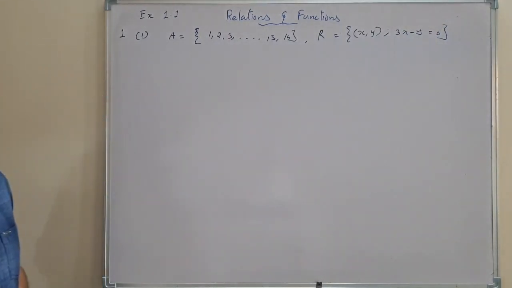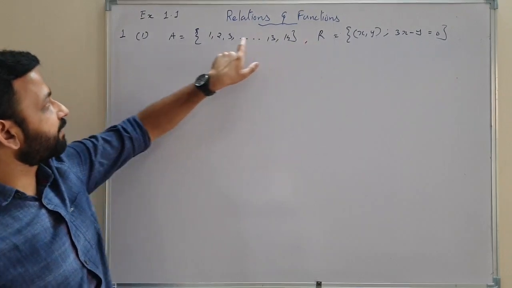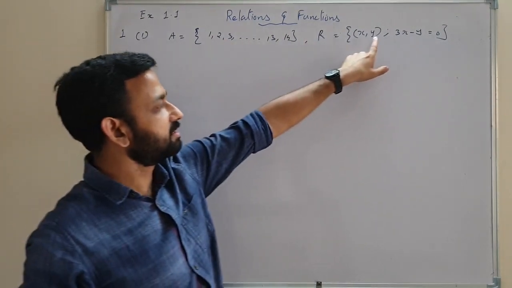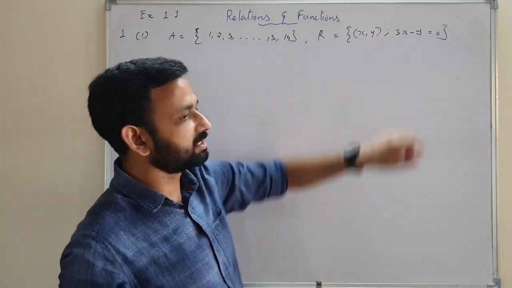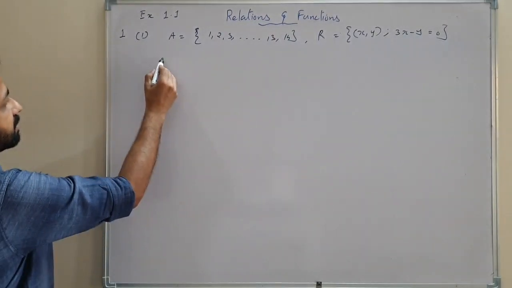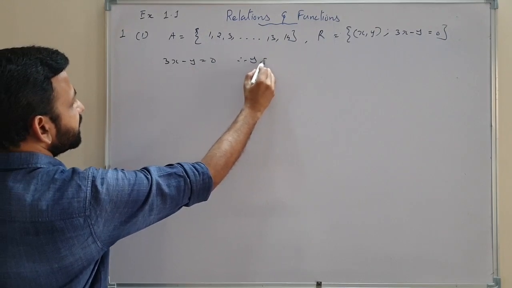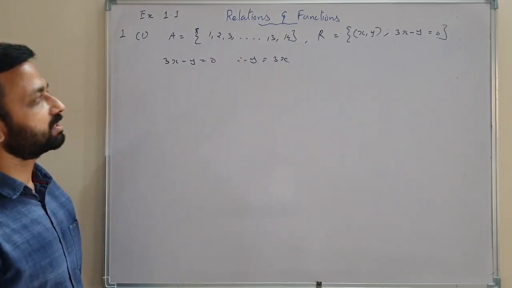So that is the relation. 3x minus y equals 0, therefore y is equal to 3x.